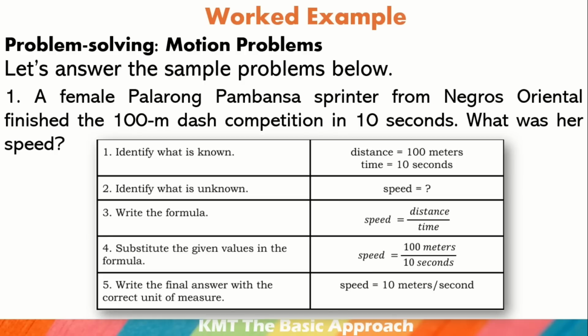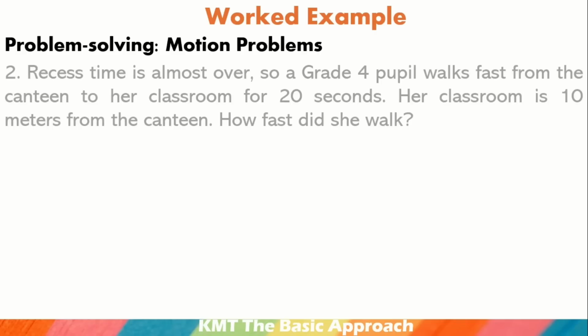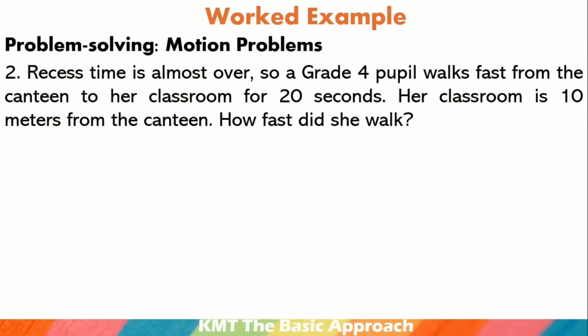Number 2. Recess time is almost over, so a grade 4 pupil walks fast from the canteen to her classroom for 20 seconds. Her classroom is 10 meters from the canteen. How fast did she walk?